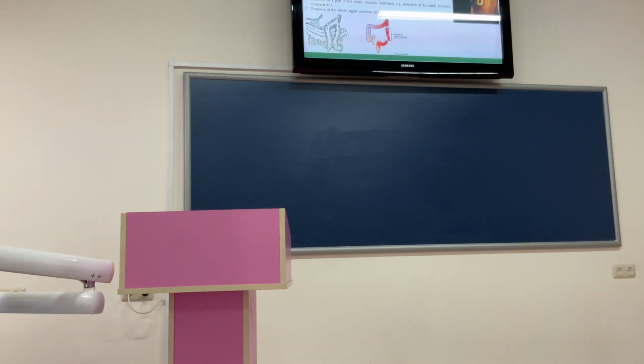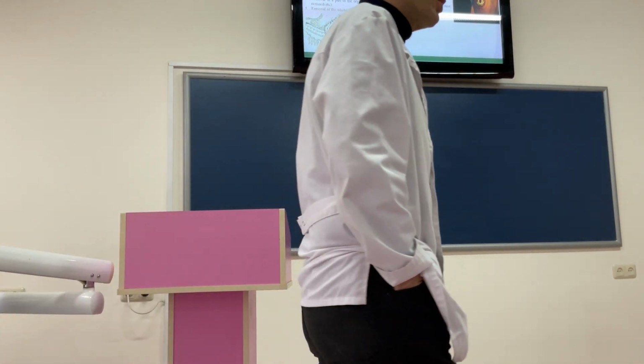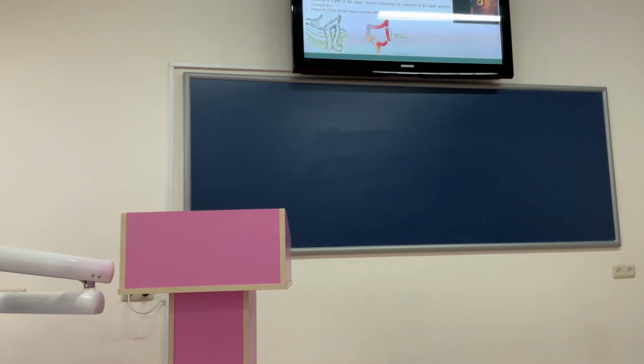For example, resection of the stomach, resection of the small intestine, resection of the large intestine. By the way, pay attention to me, guys. In the majority of cases, this is a curative manipulation. That's how we remove something pathological. For example, we remove the part of the intestine with the tumor, and we make the curation generally.